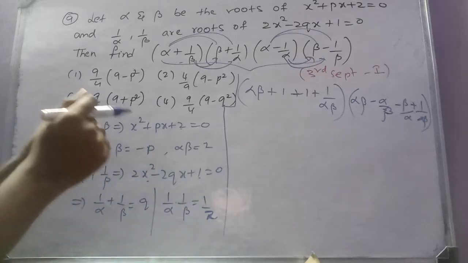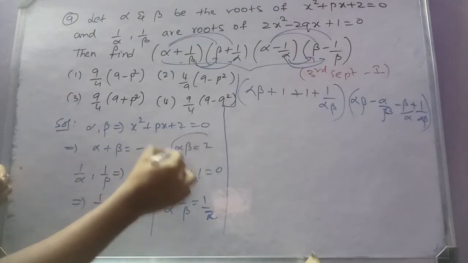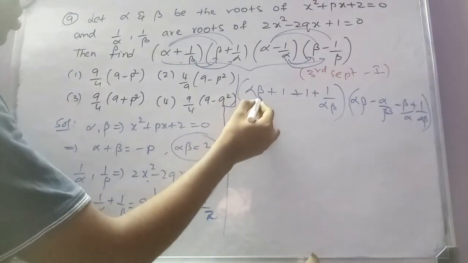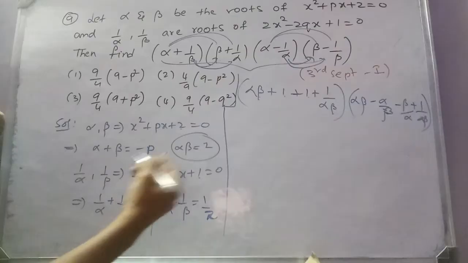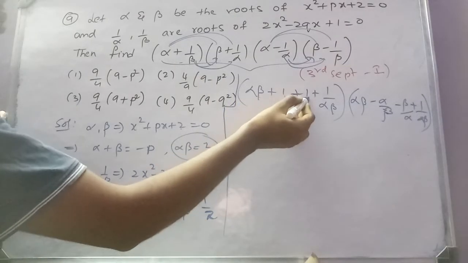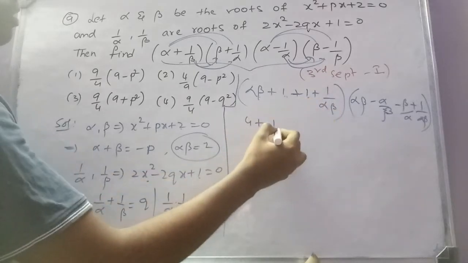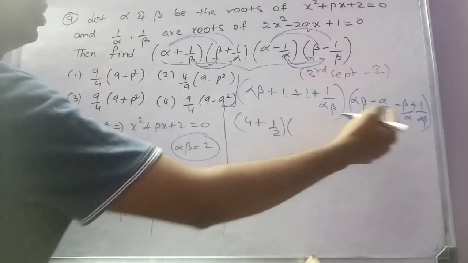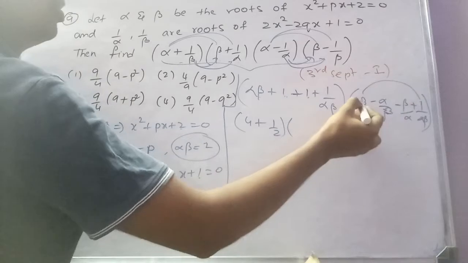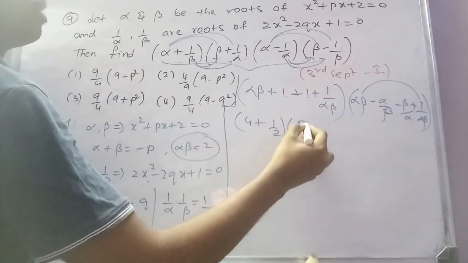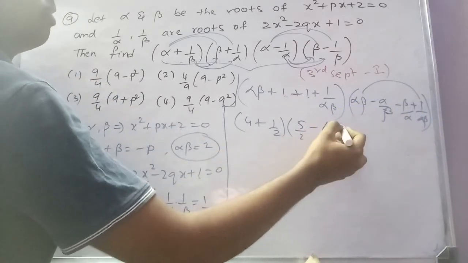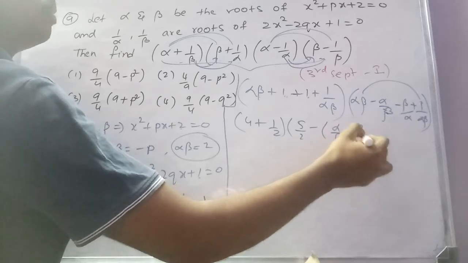So let us substitute alpha beta values because I know already alpha beta is 2. So 2 plus 1 plus 1 plus 1 by 2. Correct? So this is what, 2 plus 1 plus 1 is 4. 4 plus 1 by 2 into 2 plus 1 by 2. 2 plus 1 by 2 is again 5 by 2, correct? 5 by 2 minus of alpha by beta plus beta by alpha.